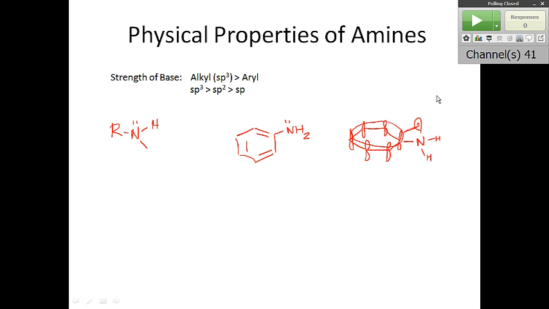Now, what does that do to the equilibrium? Remember that the equilibrium is the NH2 plus H plus in equilibrium with the NH3 plus, and what happens is that it stabilizes the reactant. So this lone pair becoming part of the conjugated system stabilizes the reactant. And which way does the equilibrium shift?